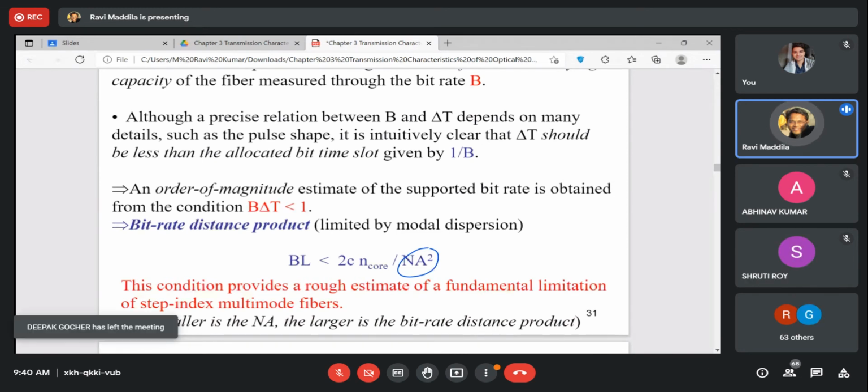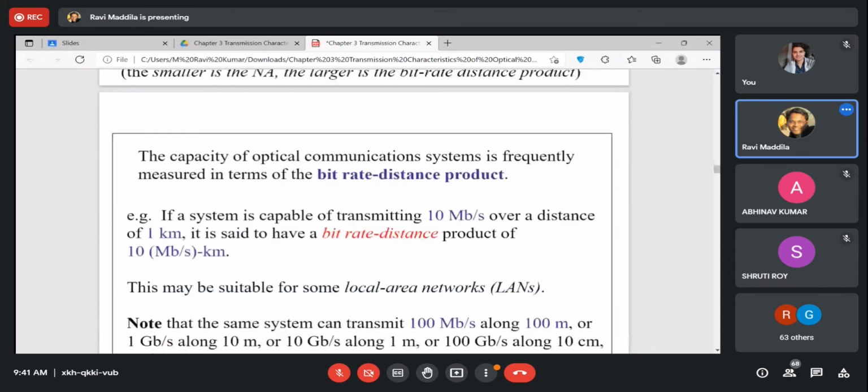So this also gives an estimate of how far at a specific bitrate you can transmit. You can see that there is an inverse relationship with the numerical aperture. If the aperture is smaller, then the bitrate distance product would be higher.